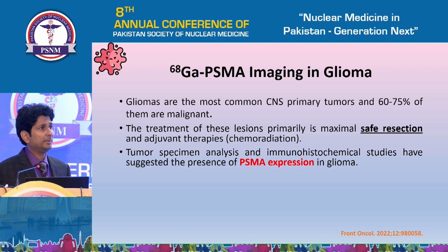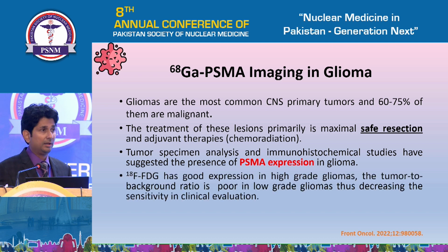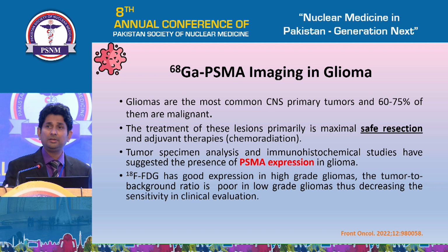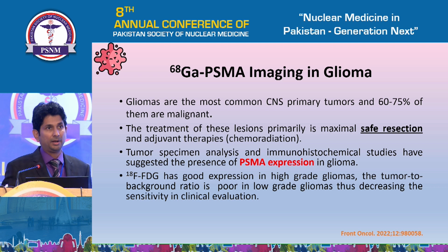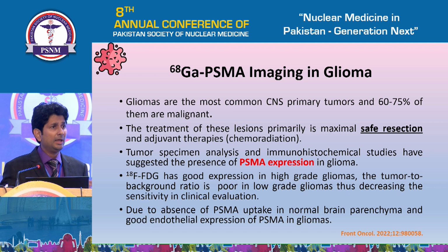Tumor specimens show high PSMA expression in gliomas. FDG is not good in gliomas because of the normal tracer distribution of FDG in the brain parenchyma. You are able to see a high grade glioma, but low grade cannot be visualized on FDG. PSMA is very good because there is no normal uptake in the brain.